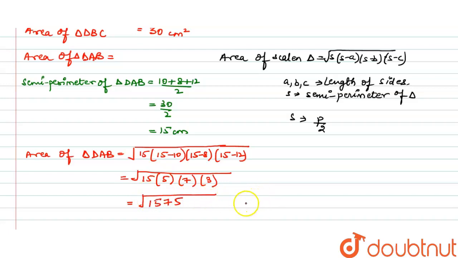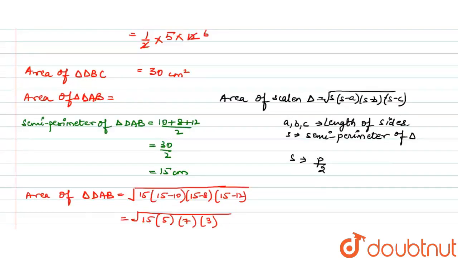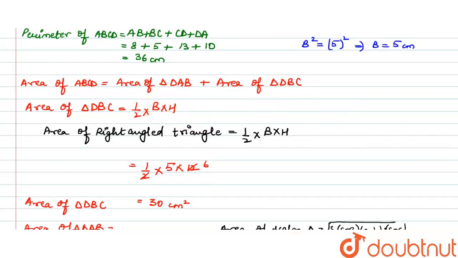Now the square root of 1575 will approximately come out to be 39.7 centimeter square. So basically area of triangle DAB is equals to 39.7 centimeter square. Now we will find the area of ABCD.